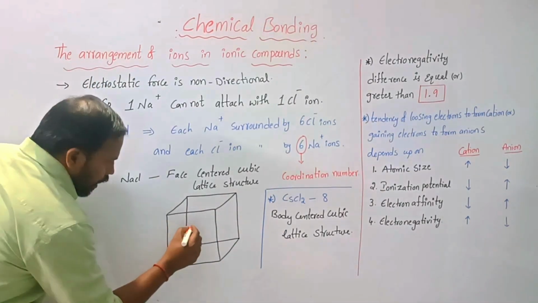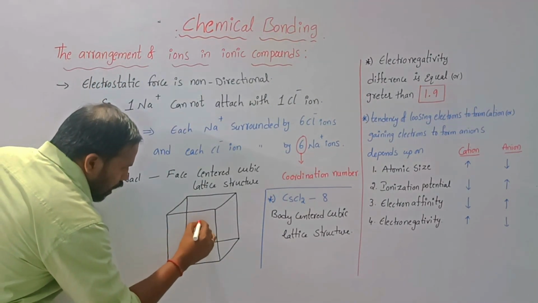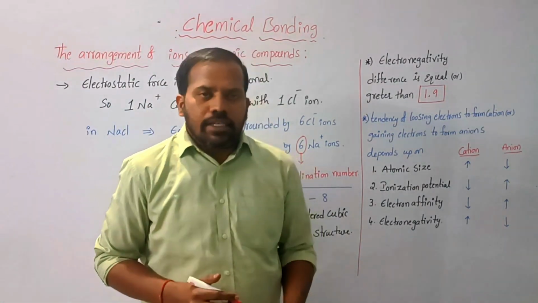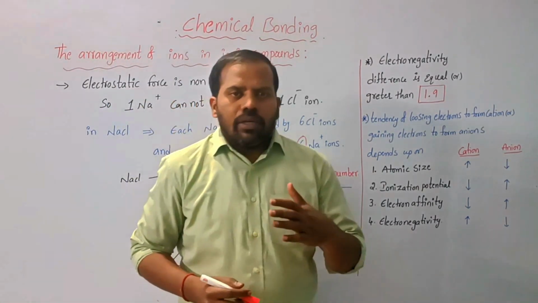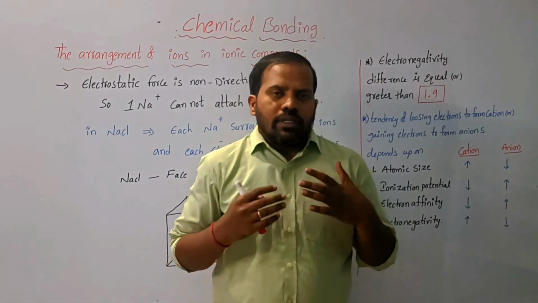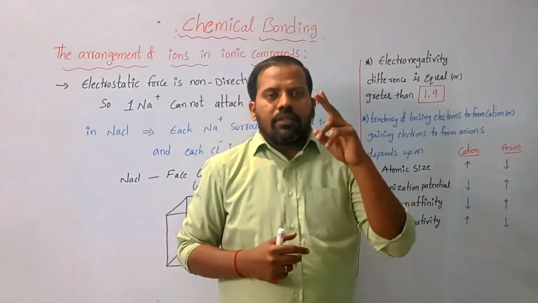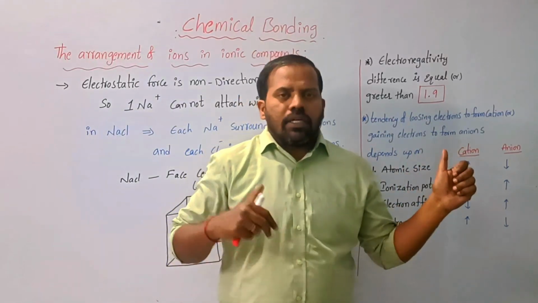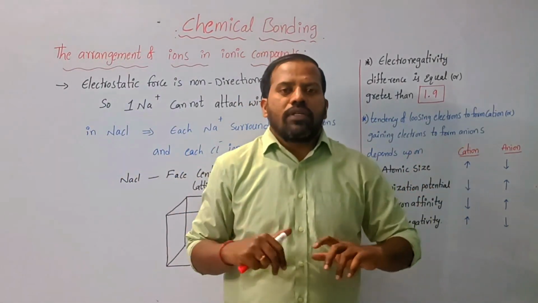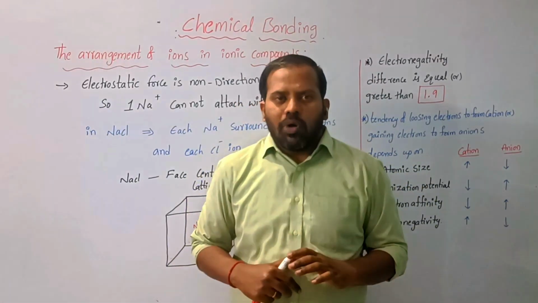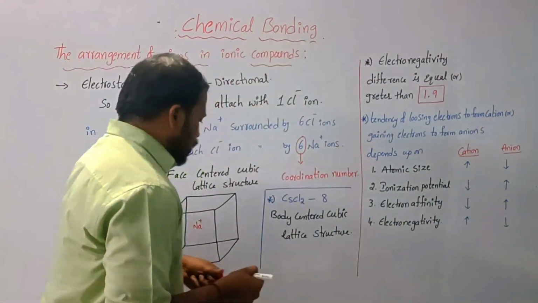If you keep the sodium ion here, each cube has 6 faces. For example, I am Na+. My front side and back side are 2 faces. Right and left are 2 more faces. So total 4. Next top and bottom, total 6 faces.